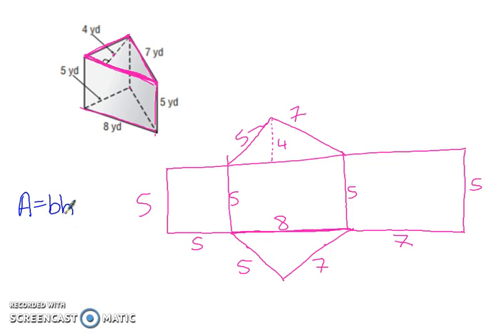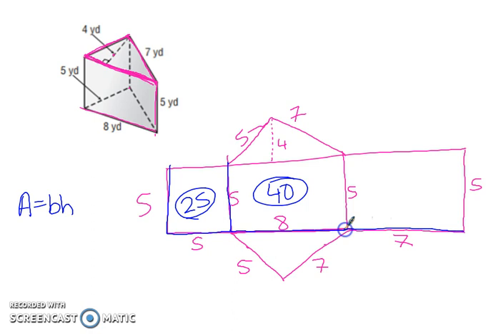So the first one I see is 5 times 5, 25. Put it inside so I can see it. The second one I see is 8 times 5. And the last one is 7 times 5. And so I want to add all of those in order to find the lateral surface area.